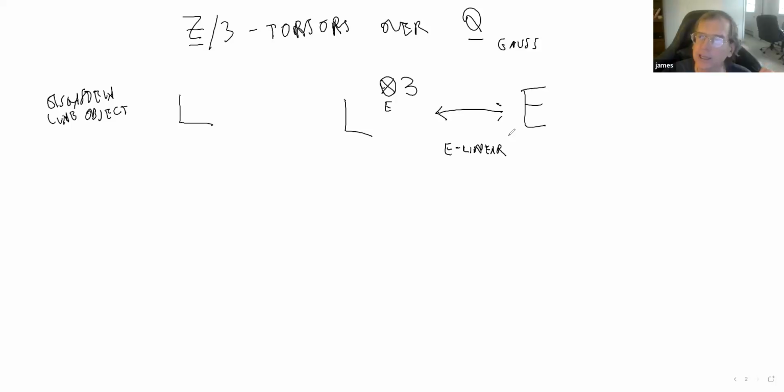No, E is an object in Vect K. And I'm sketching a theory here, the theory of a Z mod 3 torsor.